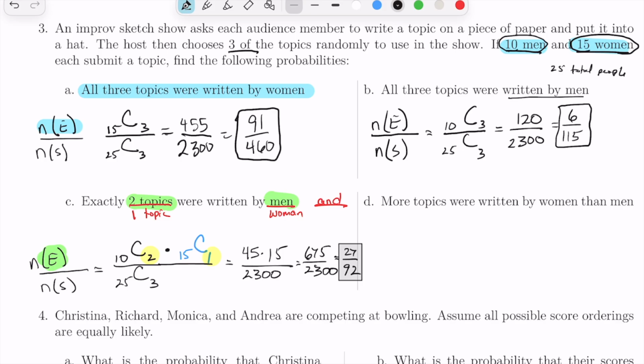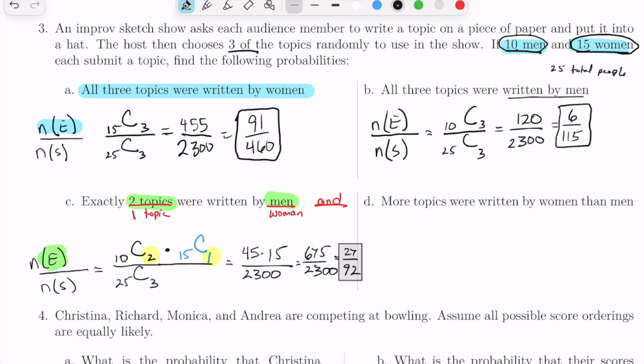Once again, we had 2 different things we had to cover. The first was the fact that we wanted exactly 2 topics written by men, and if we want exactly 2 by men, that implies that we need a 3rd topic, or in other words, 1 more that's written by not a man. And in this case, that's our women.